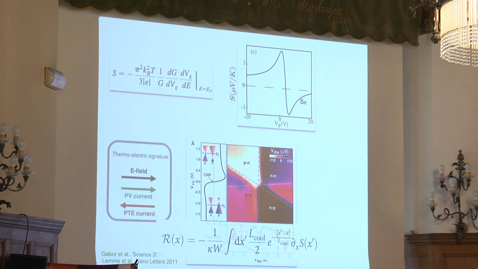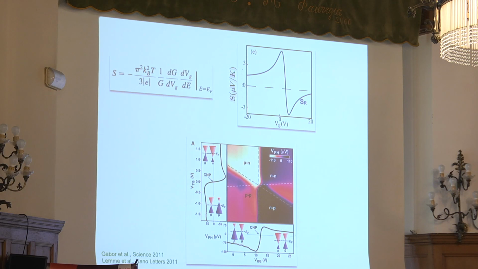This is work from MIT, where they measured the photoresponse with two gates, basically to go through all the configurations. That means the left side p-type doped, the right side n-type doped, or NP, or PP and NN.